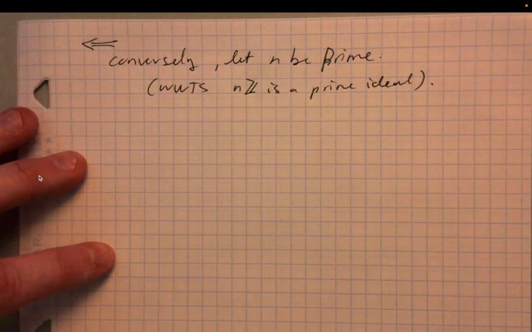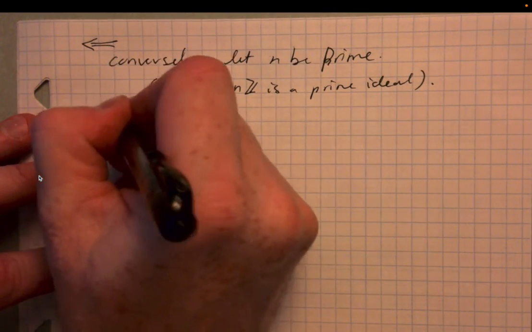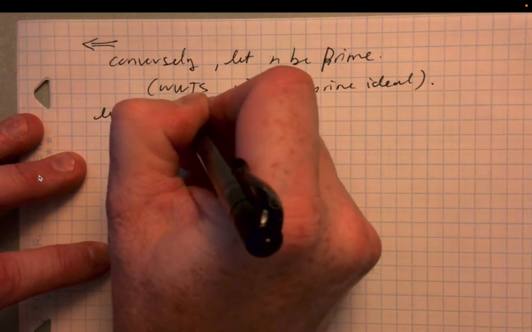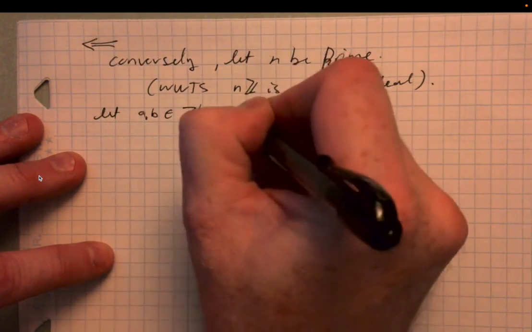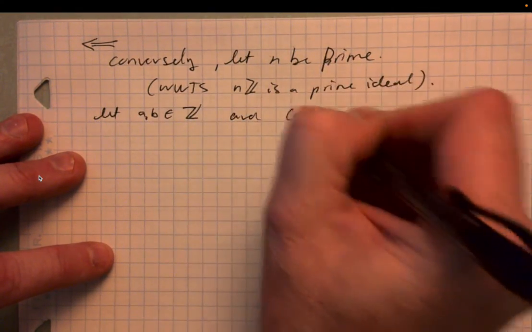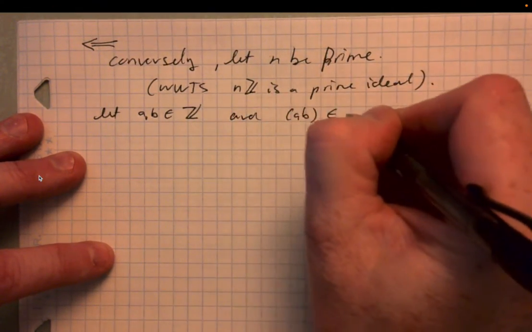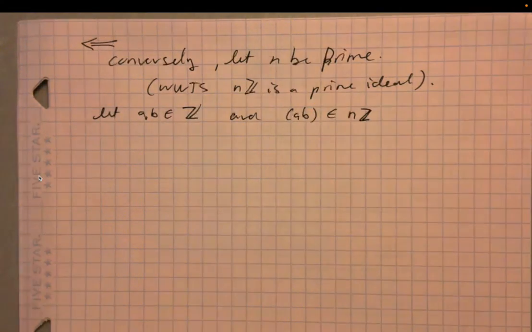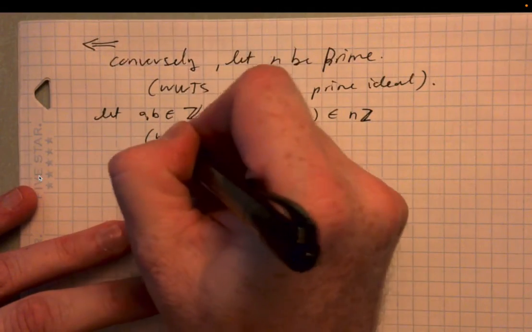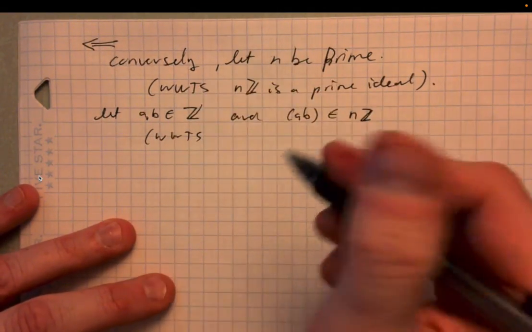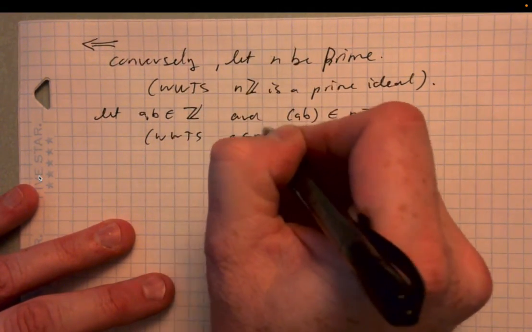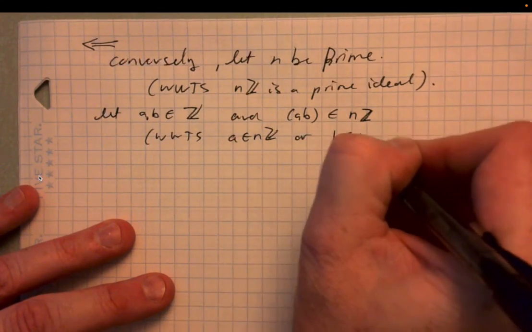So let a and b be in Z, and the product ab be in nZ. What do we wish to show here? We wish to show that a is in nZ or b is in nZ.